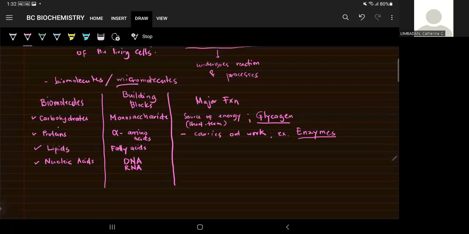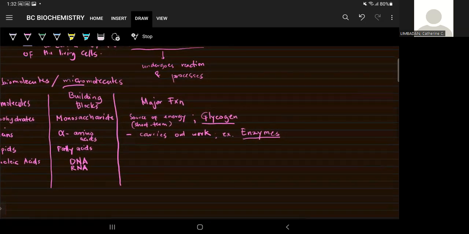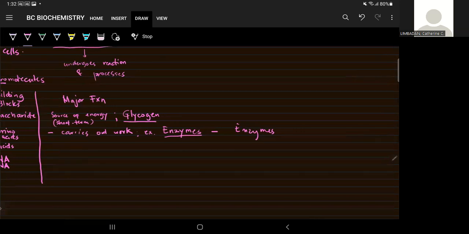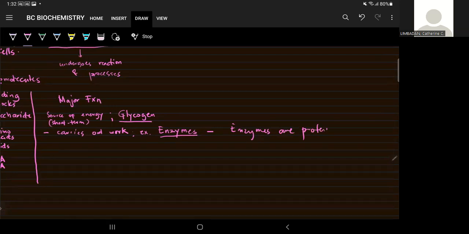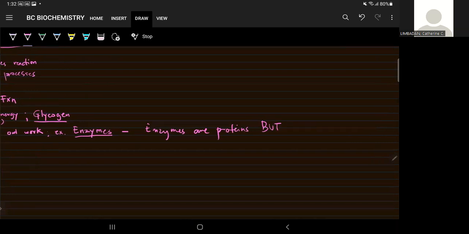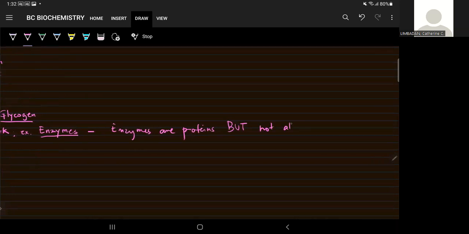Okay, take note down, no? Just a note regarding this. Enzymes are proteins. Okay? But not all proteins are enzymes. Do you get me?